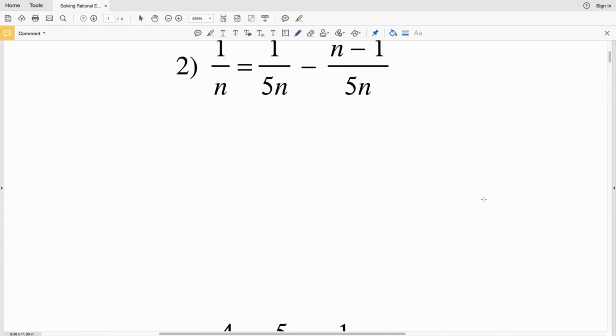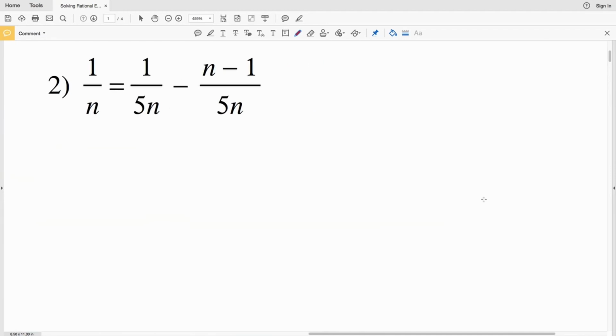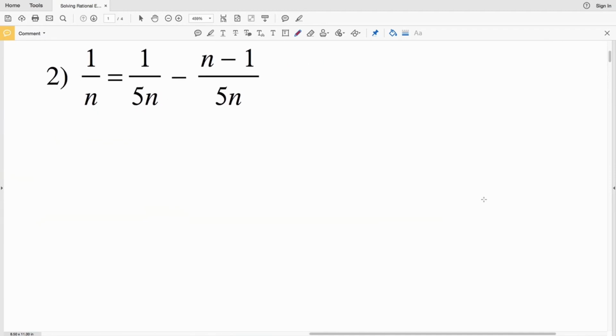Let's move on to number 2. In number 2, again, we're going to combine numerators where the denominators are the same. So we'll still have 1 over n on the left-hand side, but on the right-hand side we can say 1 minus n minus 1 all over 5n.